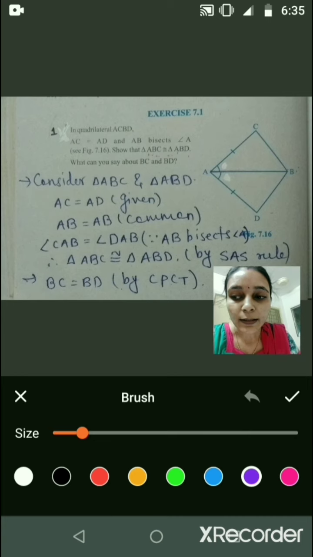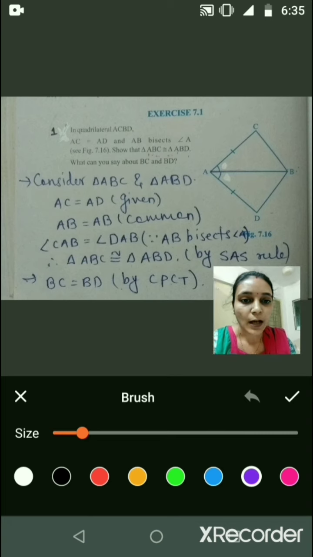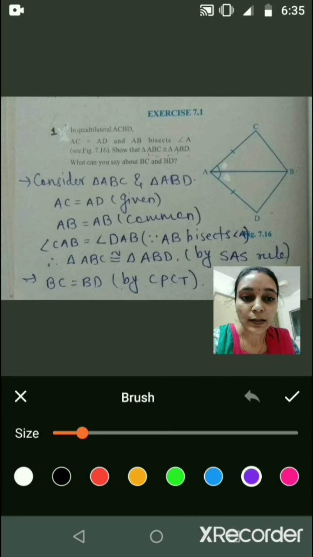So basically two triangles can be congruent if three parts, out of a triangle's 6 parts, are congruent. In this way you can check the congruence of the triangles.